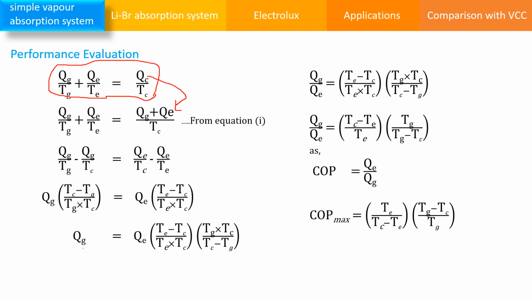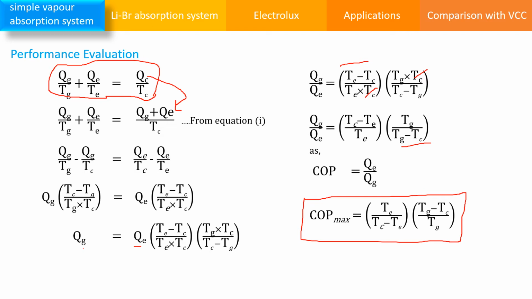After rearranging you get QG in terms of QE and temperatures, and finally after some cancellation, like TC getting cancelled here, and some changing of the plus and minus signs, you get QG upon QE, or as we have defined, the COP is QE upon QG. So we will get a final equation for the vapor absorption cycle which is considered isentropic and perfectly reversible.